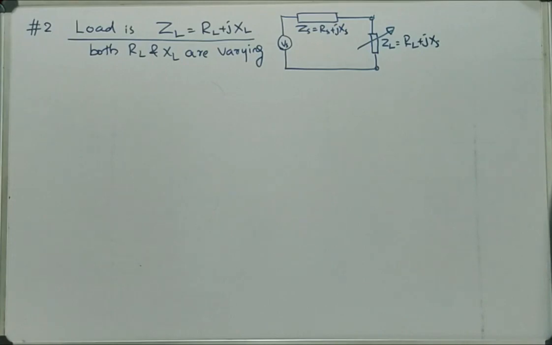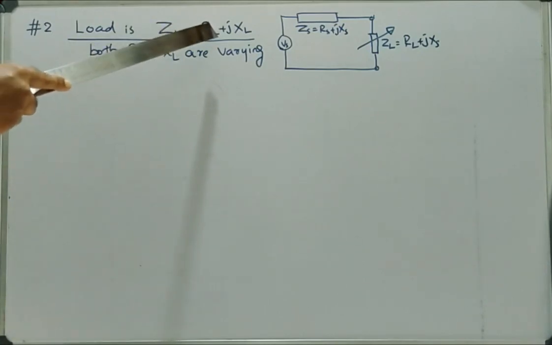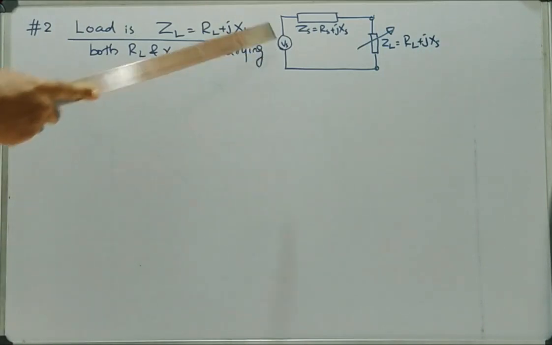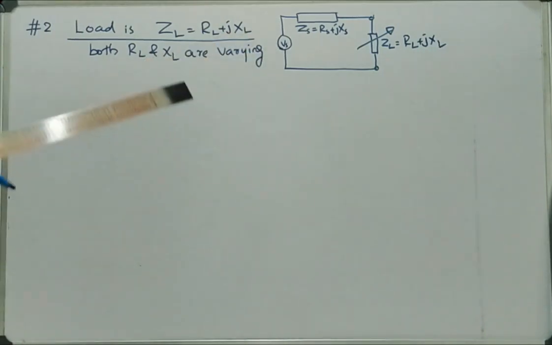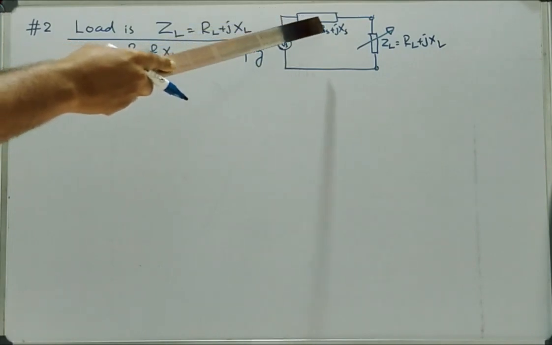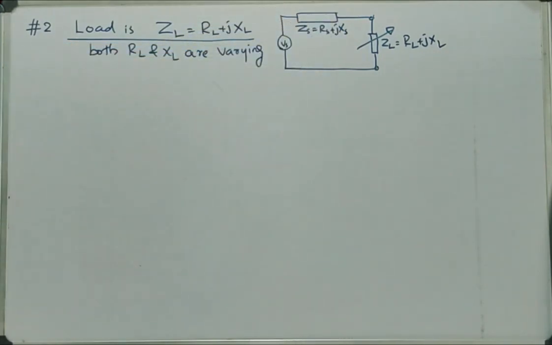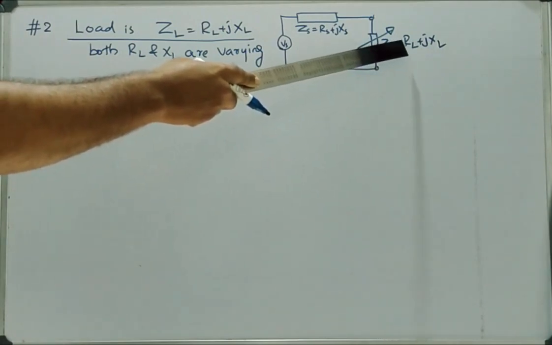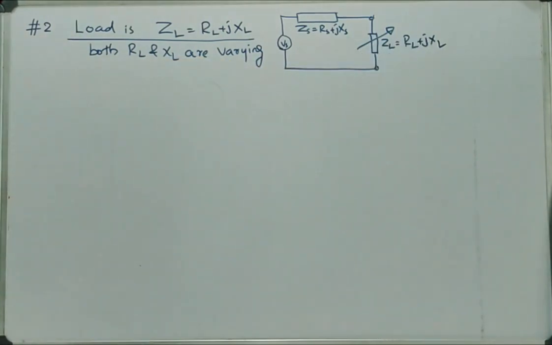Now let's discuss the second case, where the load is ZL equal to RL plus jXL, where both RL and XL are varying. So consider an AC voltage source Vs having a source impedance Rs plus jXs, supplying power to a load impedance ZL equal to RL plus jXL, in which RL and XL are varying.